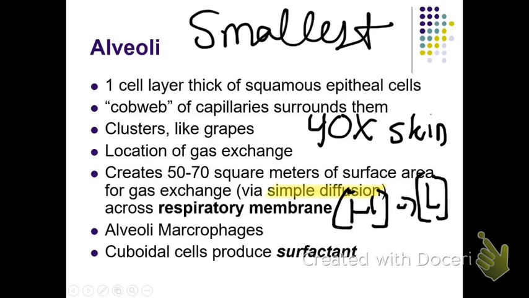And the alveoli have their own kind of cleaning service with the alveolar macrophages, and the macrophages just kind of police the alveoli and make sure that debris does not come in, to ensure that the air it is doing the gas exchange with is absolutely the cleanest and purest. And then cuboidal cells within the alveoli produce surfactant, or a coating of the alveoli that helps with lung function.